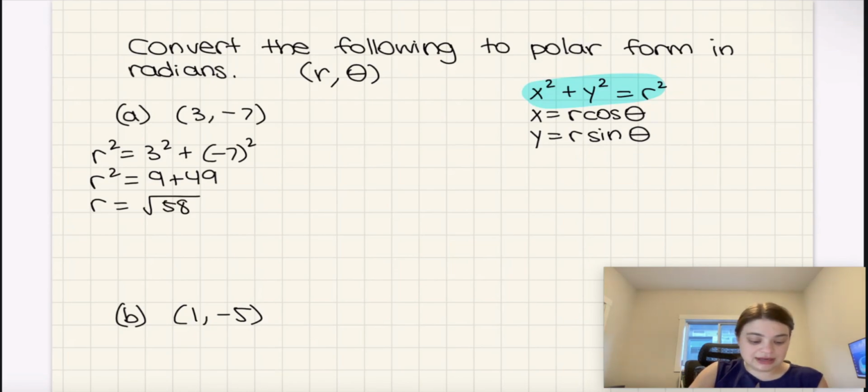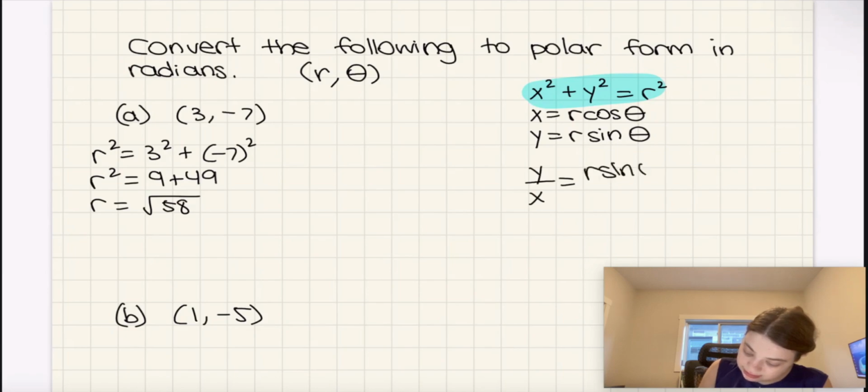Next, we need to figure out the argument, or the angle theta. To do that, notice that x is equal to r cos theta and y is equal to r sine theta. So what we can do here is say that y over x is equal to r sine theta over r cos theta.